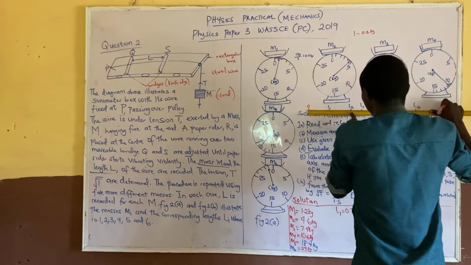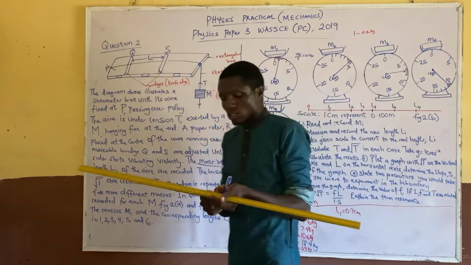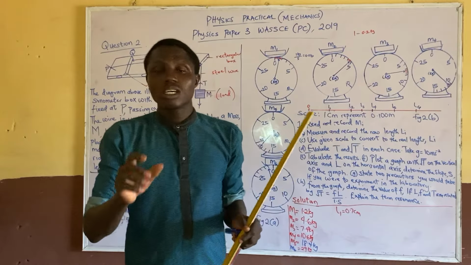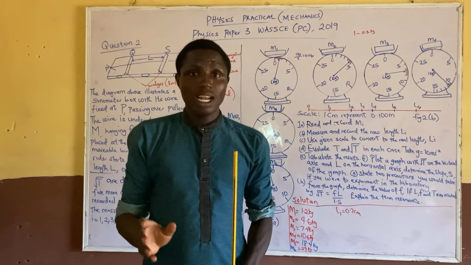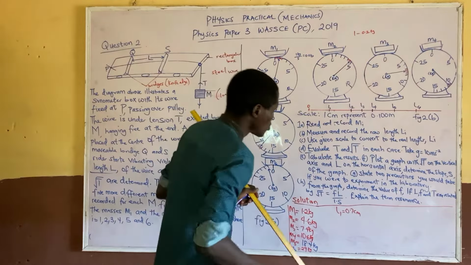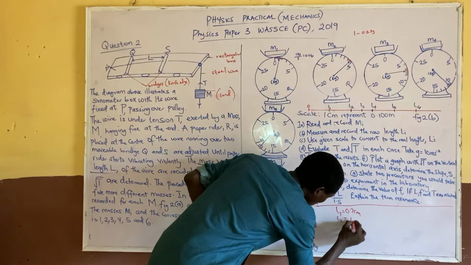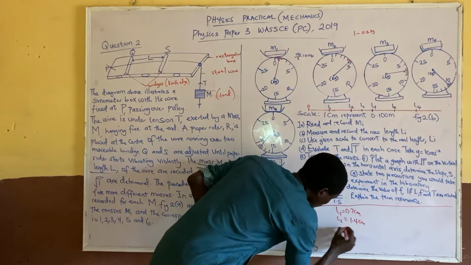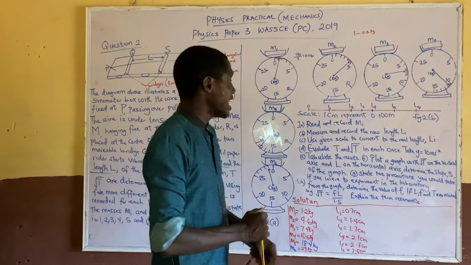Make sure that your reading is straight to the meter rule, so that you won't experience any form of parallax error. So the next one, when you use your ruler on that question paper, will be 1.4 centimeter. These are the L1 and L2 on the given meter rule.